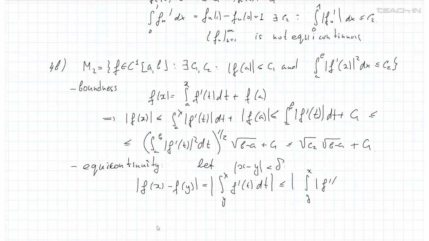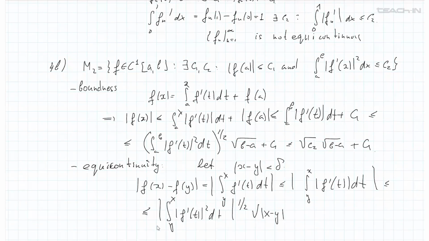Take absolute values of the integrated function, and then use again the Cauchy-Bunyakovsky inequality: it is less than the integral of f'(t) squared dt from y to x, to the power 1/2, times the square root of |x − y|.